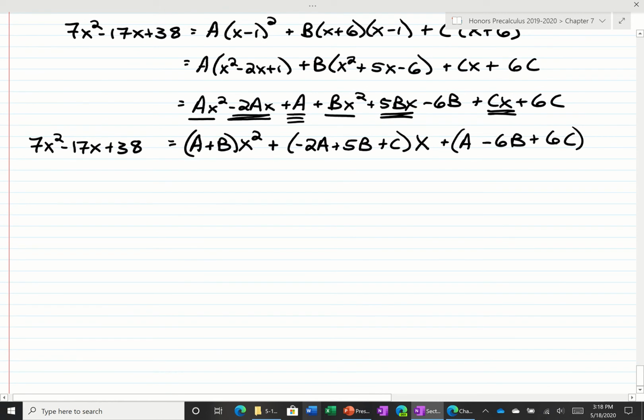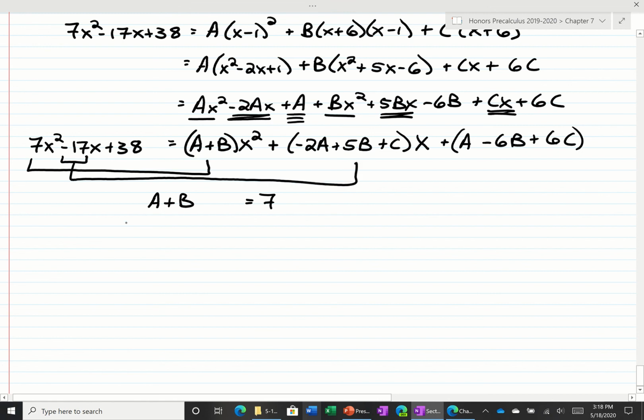So the way that we could finish this is the total number of x squareds have to be equal. The total number of x's have to be equal. And the constants have to be equal.